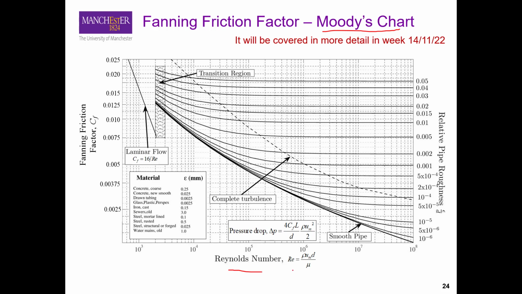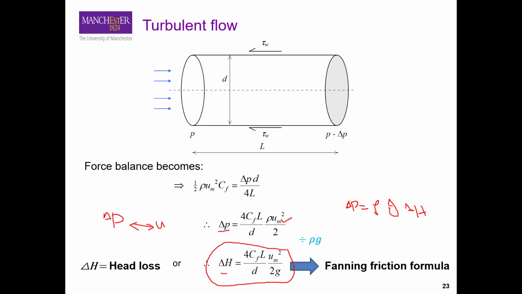So these three things relate through this chart. For a certain flow rate of the system, you can get the Reynolds number, and from the Reynolds number you can relate it with the roughness of the pipe, and by relating these two, you can calculate the value of Cf. Once you know the value of Cf, you can put it in this equation and get the value of delta P. And once you know delta P, you can use the Hagen-Poiseuille equation and relate delta P with Q, okay.